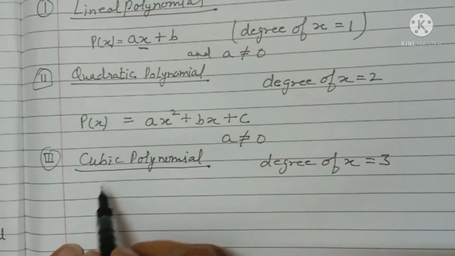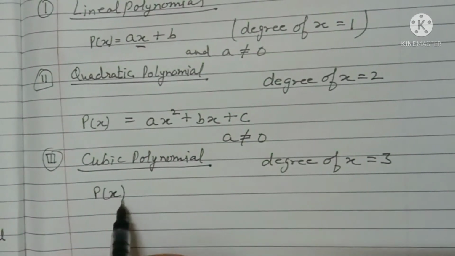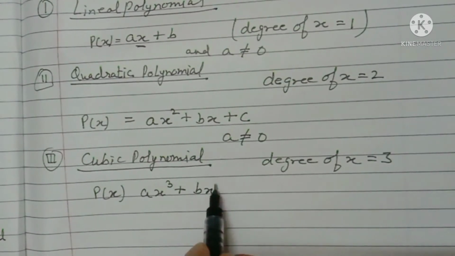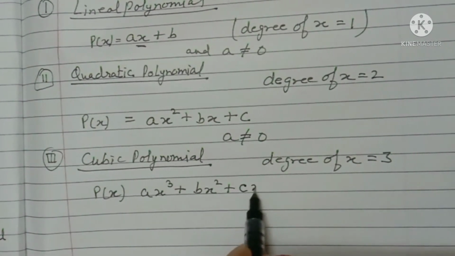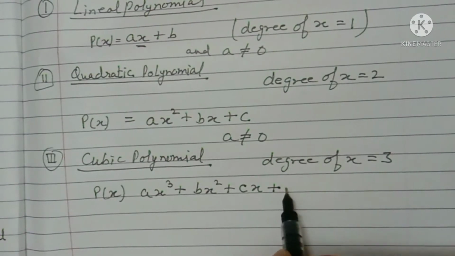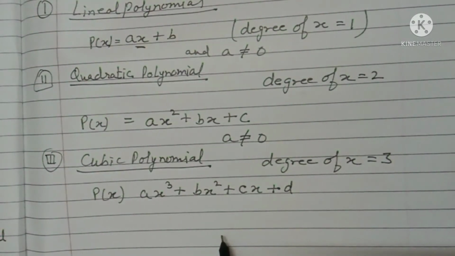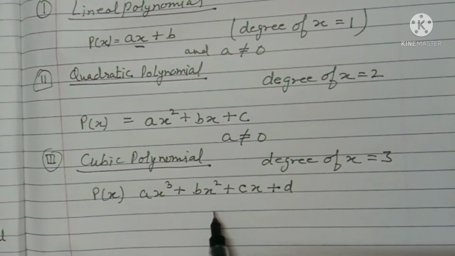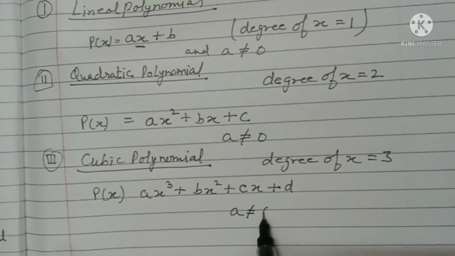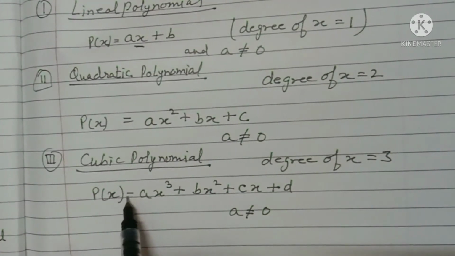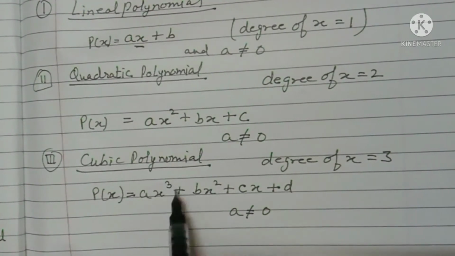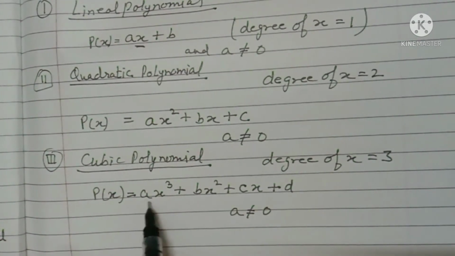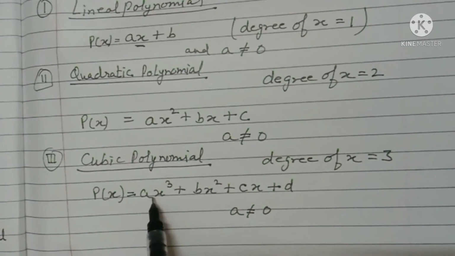Now the general form of cubic polynomial will be ax cube plus bx square plus cx plus d. Same here, a should not be equal to 0. If a is 0, then this will not remain in cubic form.